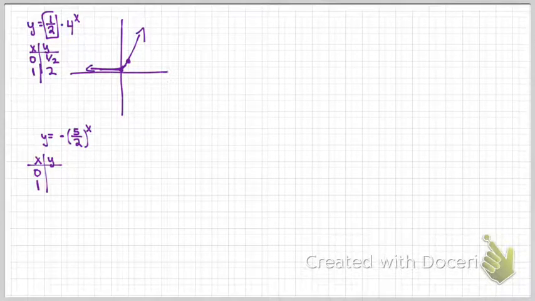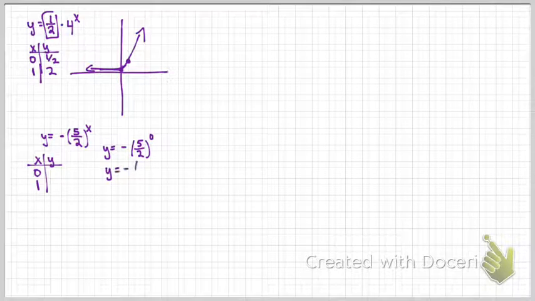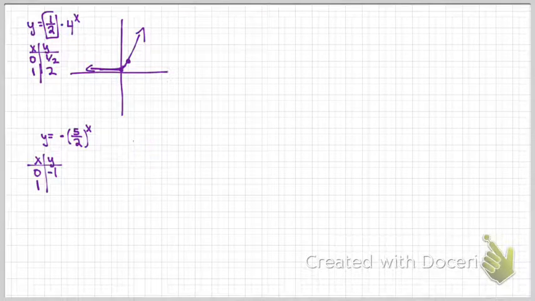Plugging in 0, you get y is equal to negative 5/2 to the 0, or y is equal to negative 1. If you plug in 1 for x, you're going to get y is equal to negative 5/2 to the first power, or y is equal to just negative 5/2.